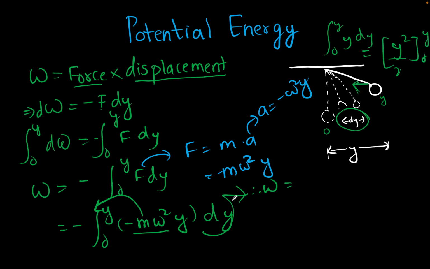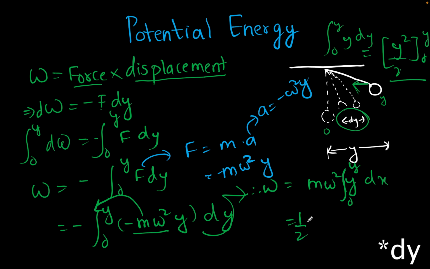So let's write that down. m omega square times the integration of 0 to y of y dy. If we simplify this even further, we will get half of m omega square y square. So this right here is our potential energy.